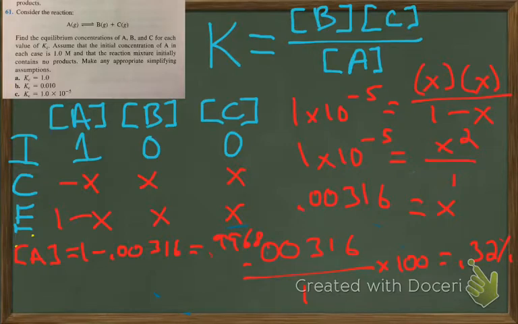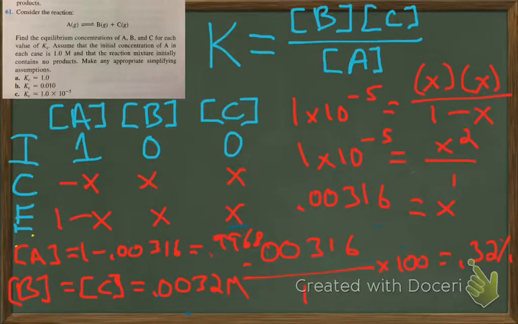The concentration of B is really 1, and C equals 0.0032 molar. Tiny, tiny concentration.